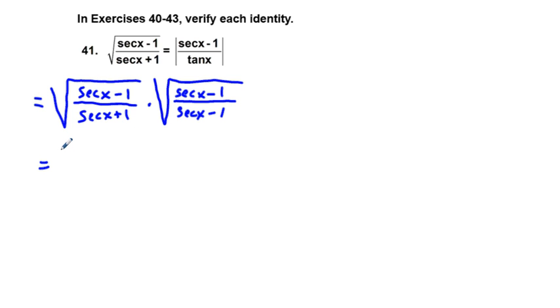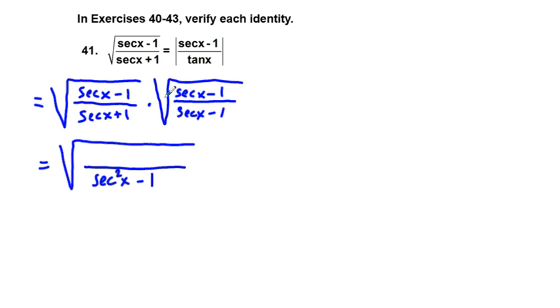So what that is going to be is the square root of this whole thing. And in the denominator, we have secant x plus 1 times secant x minus 1. Well, that's going to be secant squared x minus 1.